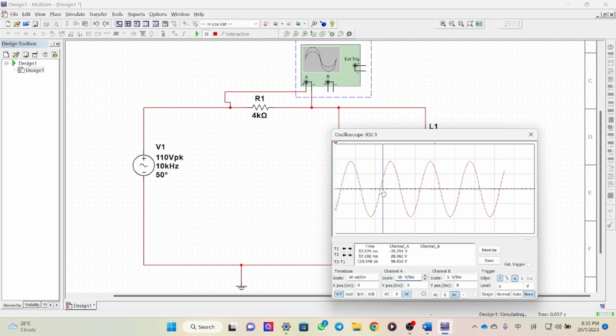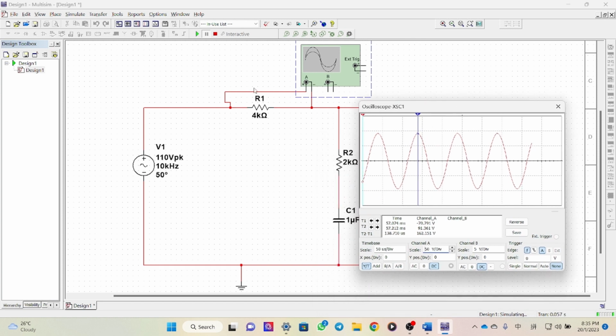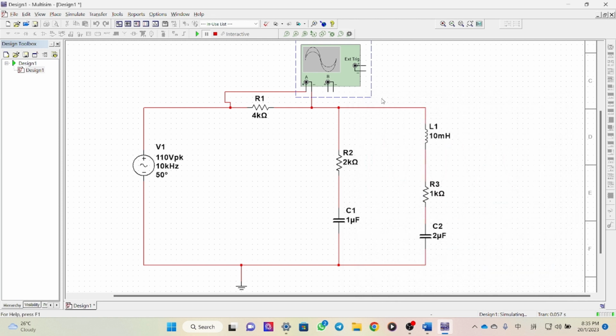So we also put this at the peak of the waveform, and we found that the value is almost 91.361 volts. So it means that the voltage at R1 is equal to 91.361 volts. Same step to measure the other components like this and like this.